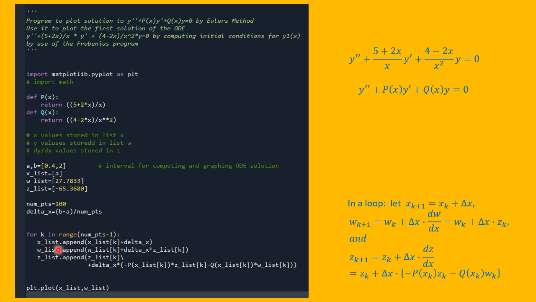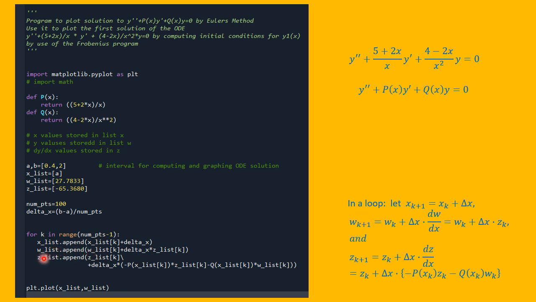Similarly, for the w's, we take the kth element from the w list, add to it delta x times the kth element from the z list. That is basically w sub k plus delta x times z sub k here, equaling w sub k plus 1.